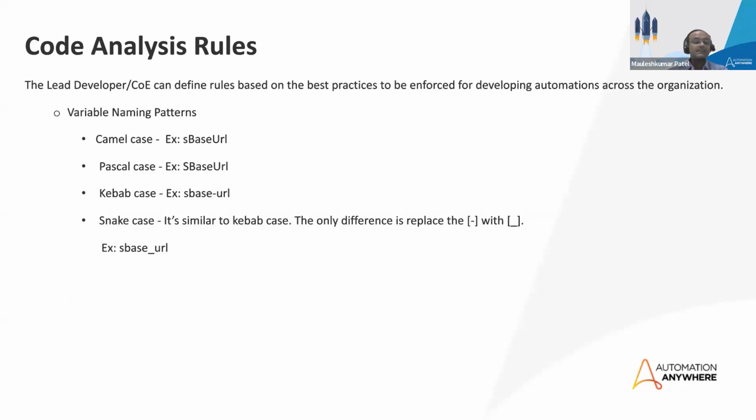Pascal casing is where the first letter is capital, and if you have a lengthy name, like first name, the first is a capital and the name should be a capital as well. Kebab casing is another variable naming pattern where you use a dash between the words. Snake case is almost similar, only the difference is you put an underscore instead of a dash, as you can see in the screenshot.